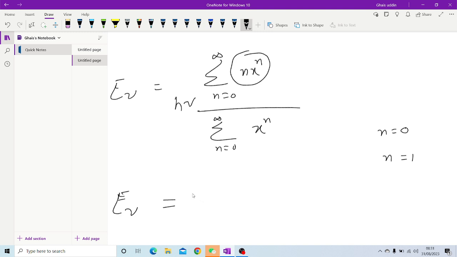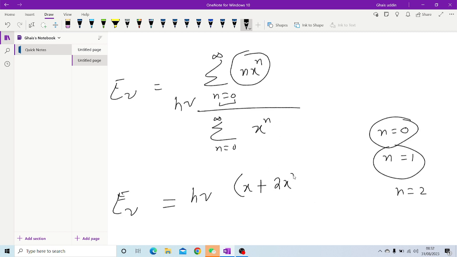So I can write this as h nu times this. Now if we use n equals 2, this becomes 2x squared, plus, for n equals 3, this becomes 3x to the power 3, plus and so on.